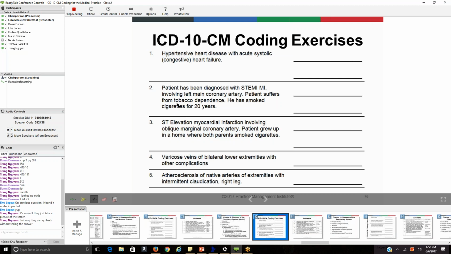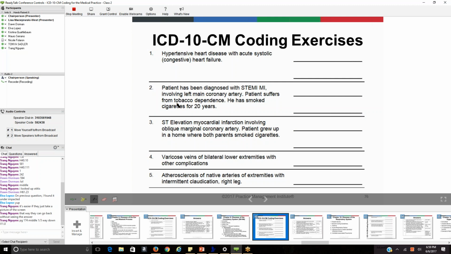So we've got the first one. It's hypertensive heart disease with acute systolic congestive heart failure. For the sake of time, because we already know what those codes are, if you were going to the index, you would look up hypertension, and then it would take you to the I11 categories.